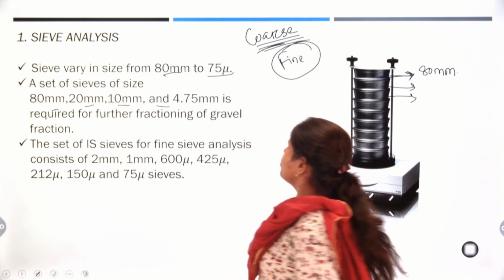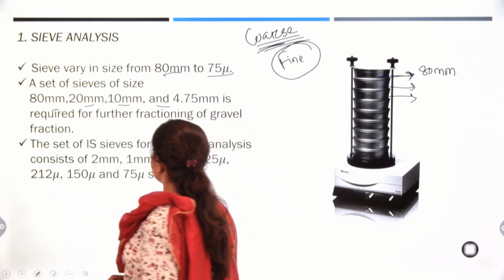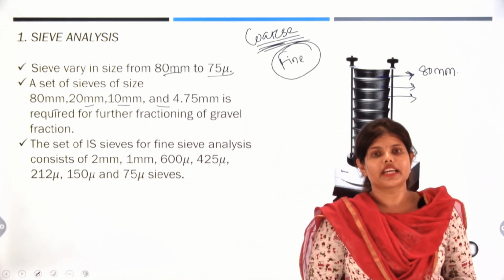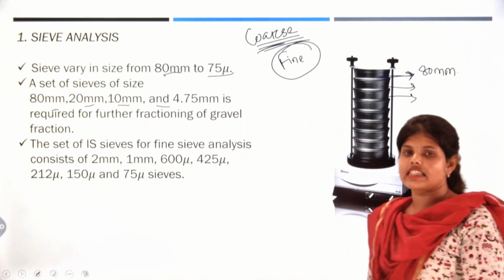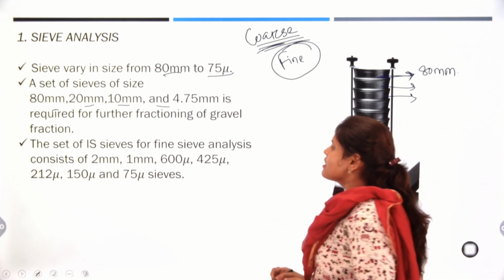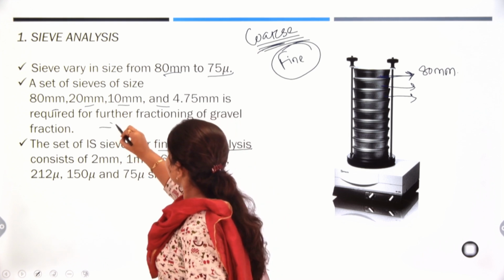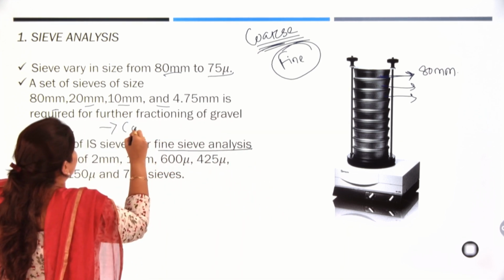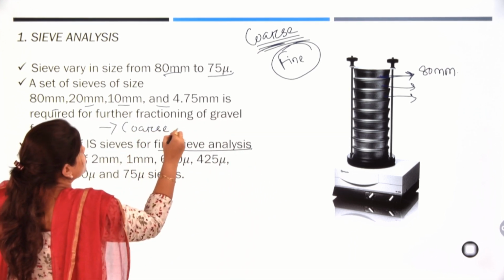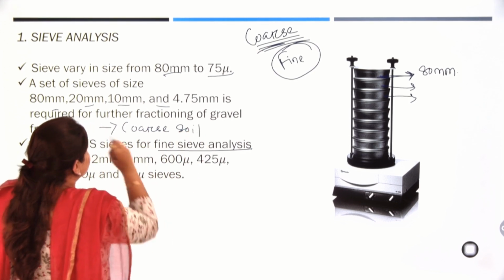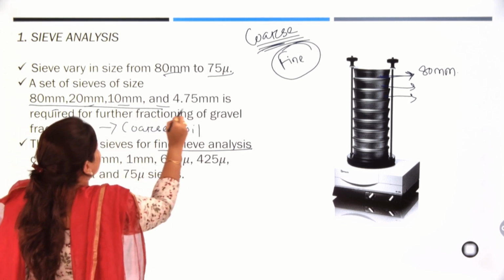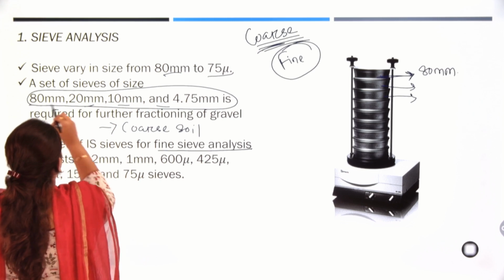Okay, next is the set of IS sieves. These sieves are classified according to Indian standards, so we have termed them as IS sieves. For coarse soil, these sieves are 80, 20, 10 and 4.75.